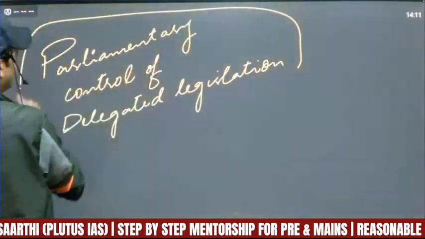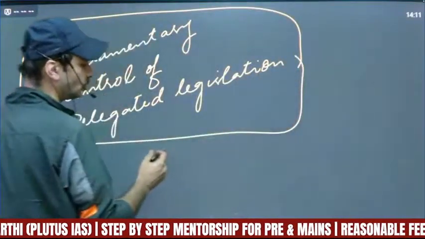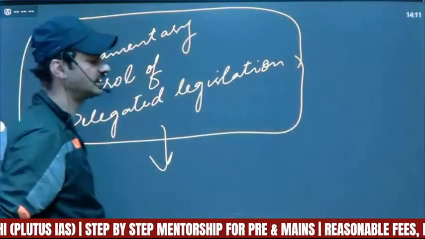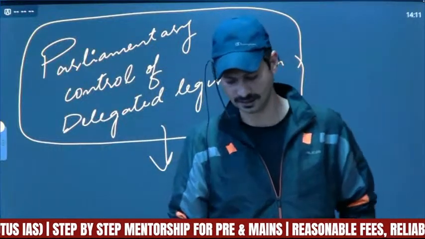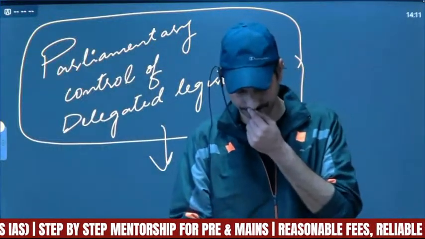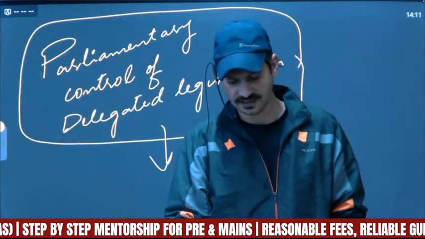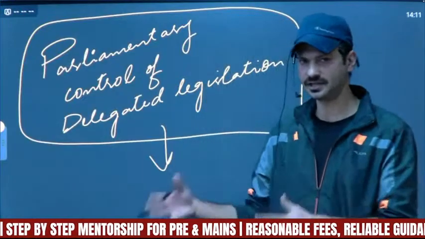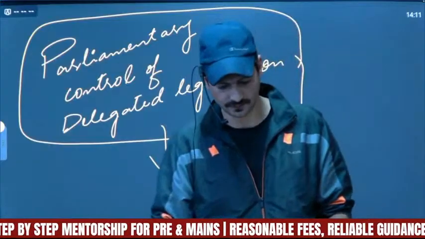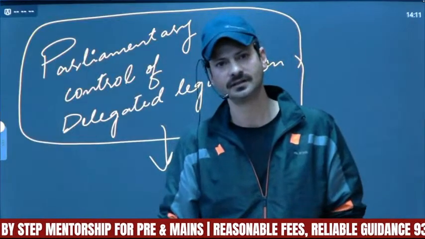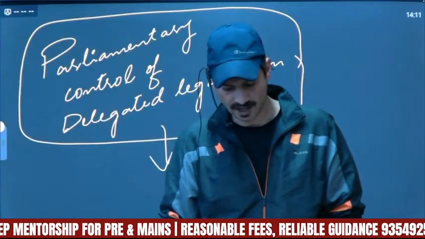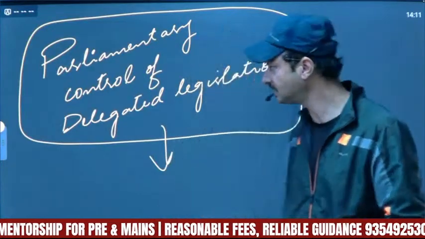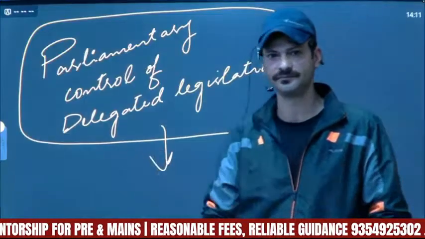So now we're trying to understand the parliamentary control of delegated legislation. How does the parliament control delegated legislation? Since delegated legislation itself derives its authority from the legislature, which is the parliament, parliament must supervise how this authority is exercised.